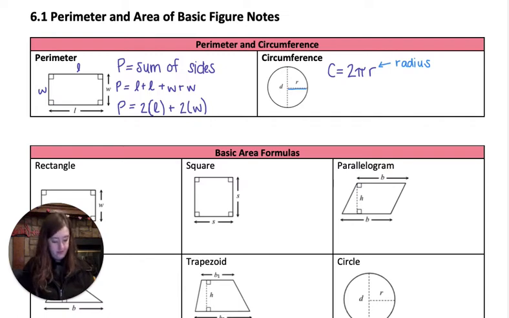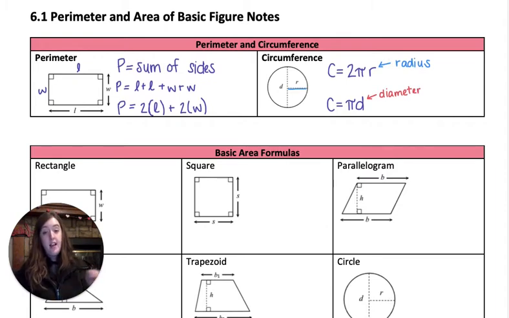Another option is to have pi d, where d is the diameter. Now, since the diameter goes all the way across the circle instead of just halfway across the circle, 2r is the same thing as d, so that's why we can replace it in.